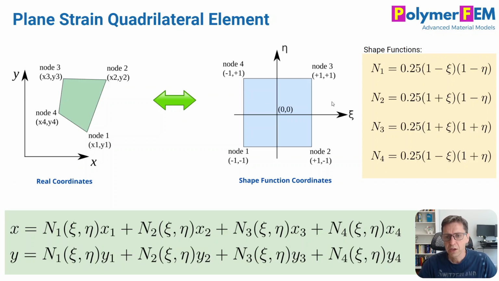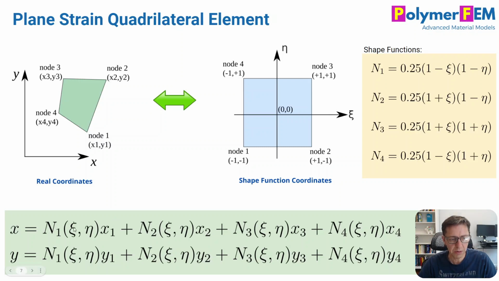Now, back to our math equations here. We introduced these shape functions, but it wasn't really clear how we use them, perhaps. So I will talk a little bit about this next. The shape functions n1, n2, n3, and n4 can be used as shown at the bottom in green. If you know the position of the nodes in the real coordinates, where the element is located, you can then calculate the position of any point inside that element if you know the corresponding xi and eta value, using these shape functions as shown here.